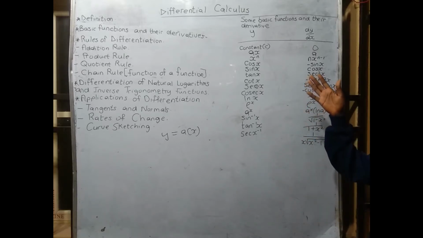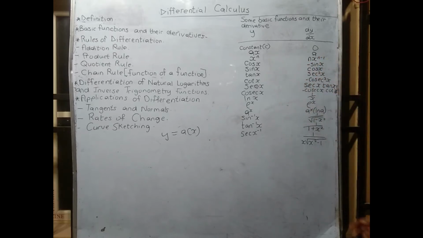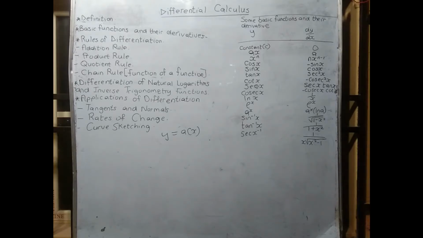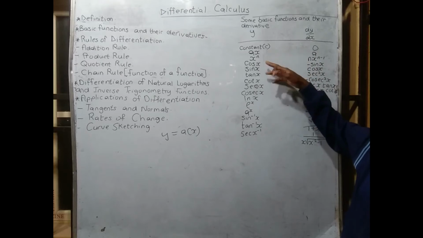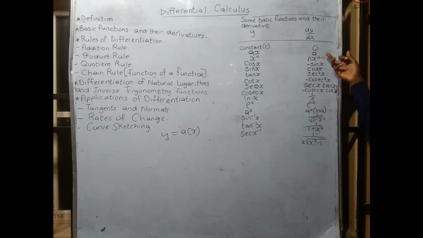Now we are differentiating a constant with respect to x or with respect to another variable. We have 0. The resultant is 0. Any constant that we are differentiating will give us 0. And if we are differentiating a constant with the variable x, we have the constant.